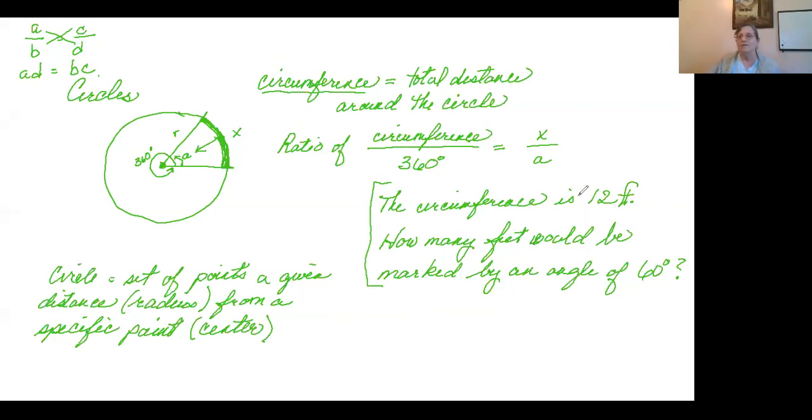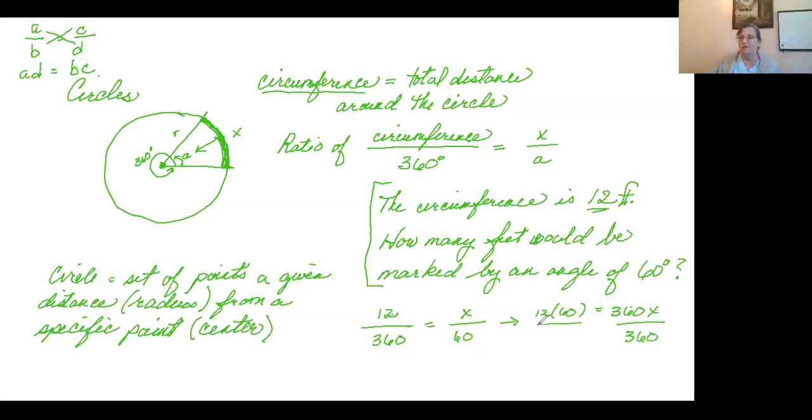We can set it up to say that if the circumference all the way around is 12 feet, and we're talking about a 60-degree angle, then we can say that 12 feet goes with 360 degrees is going to be the same as X feet, feet to feet, and degrees to degrees, X is to 60. The cross product here is going to give us 12 times 60 equals 360 times X.